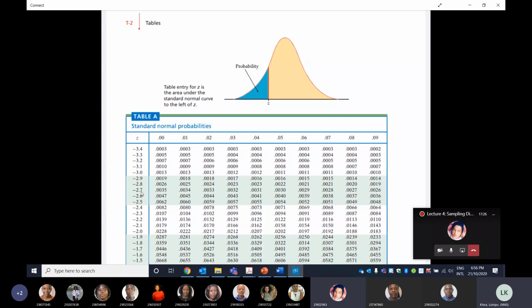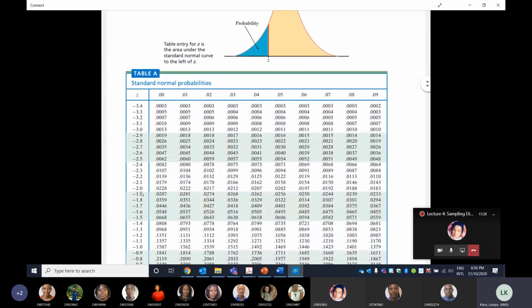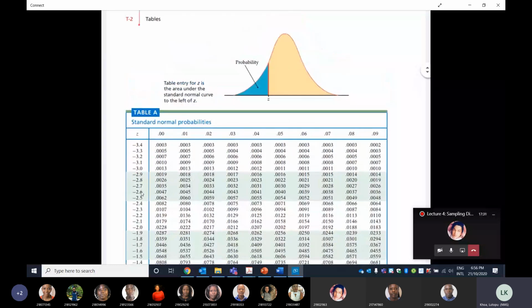Okay, thank you. What I was saying is that this table only reads values from 0 going down, but we want a value that is greater than 0.